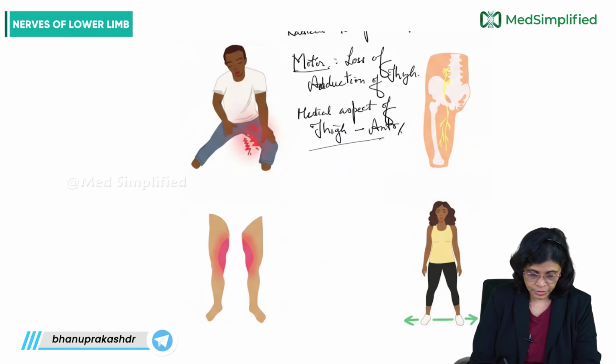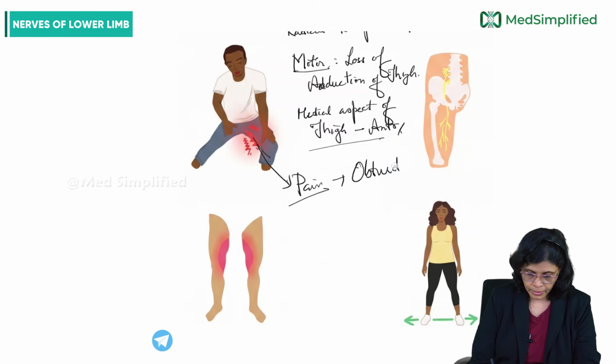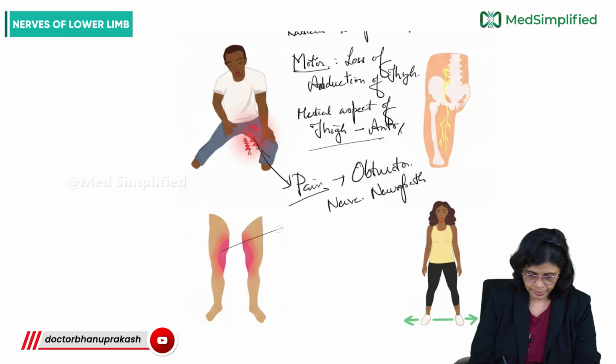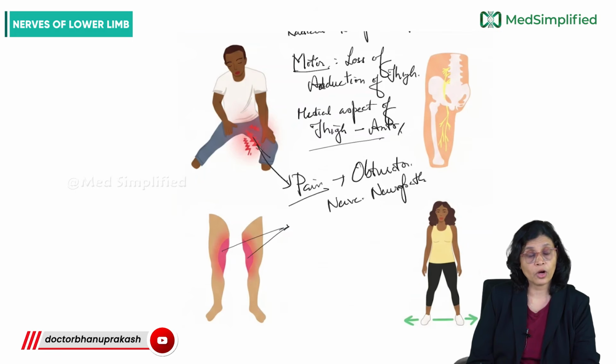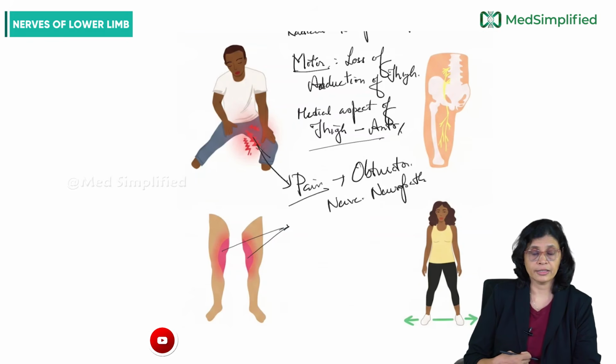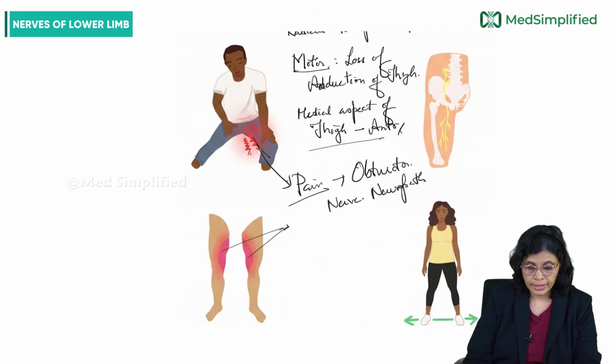Along the medial aspect there is pain. This is commonly seen in athletes with large, well developed adductor muscles.